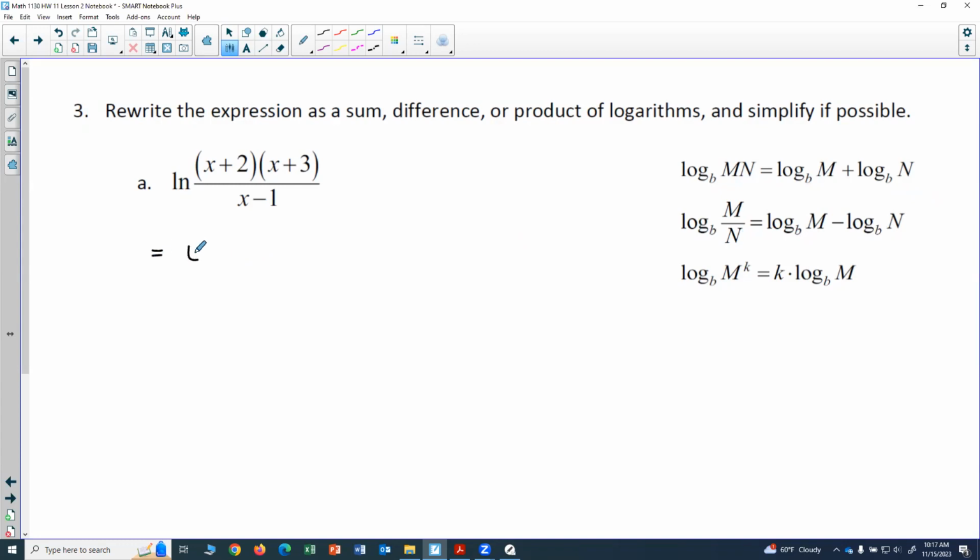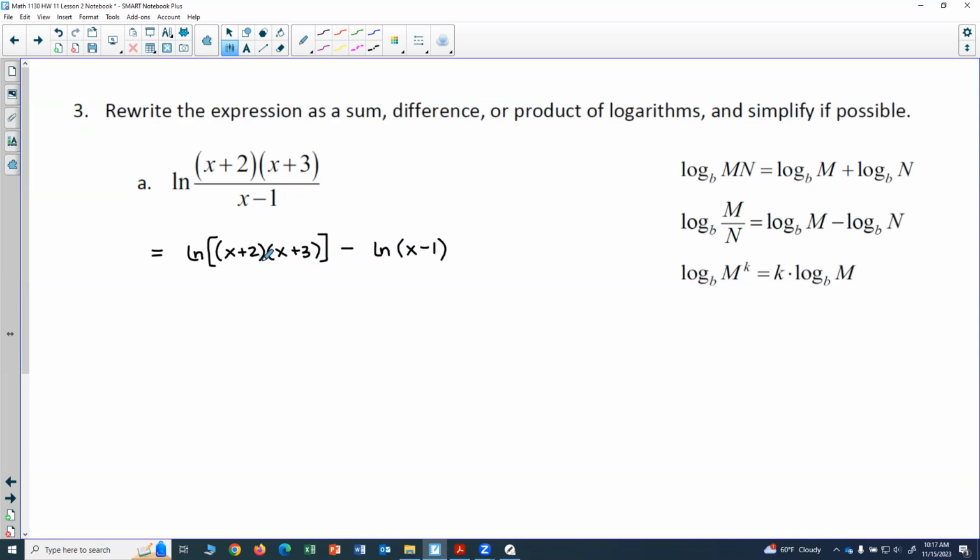So I have natural log ln of x plus 2 times x plus 3, and that whole expression is plugged into my log, so I'm going to put a bracket around it. And then because the x minus 1 is in the denominator of the argument, I will have minus natural log of x minus 1.